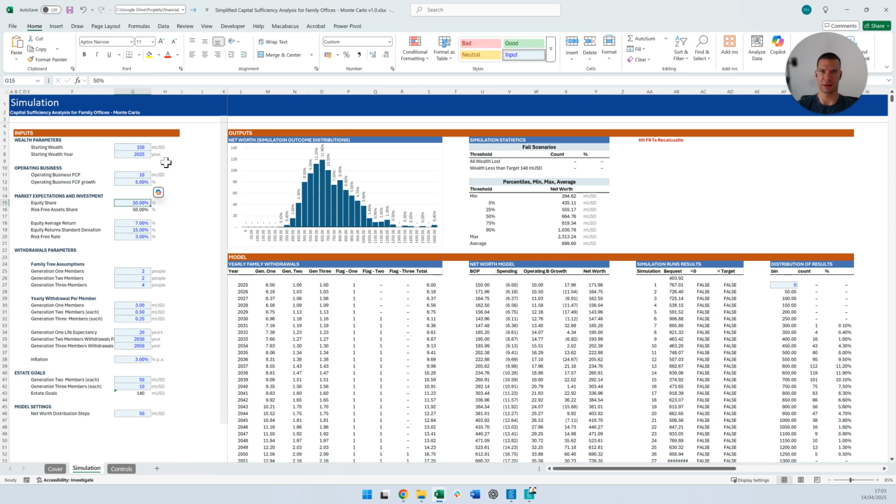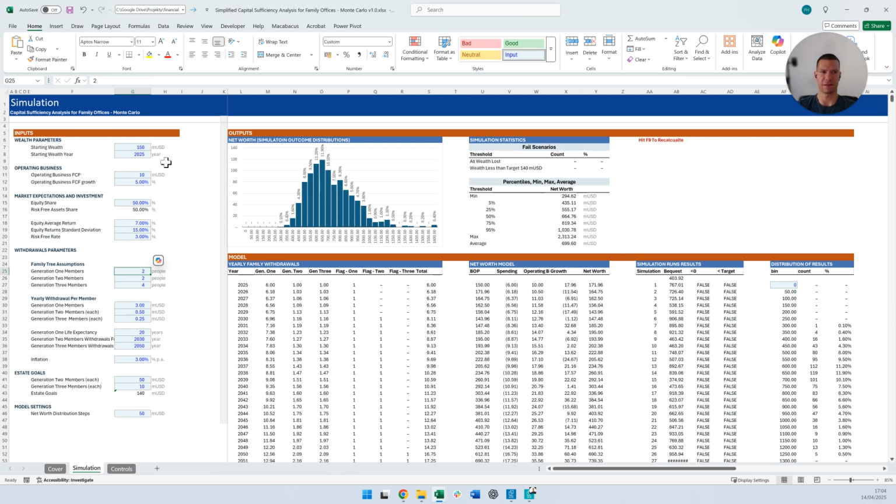Then there is the estimated portfolio breakdown or weights in terms of equity share and a risk-free asset share. Average equity return, the standard deviation that is currently set at 15%, which has been the standard deviation for S&P returns, more or less. The risk-free rate, and then there are the withdrawal parameters.